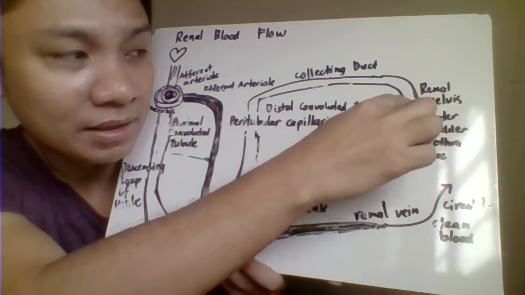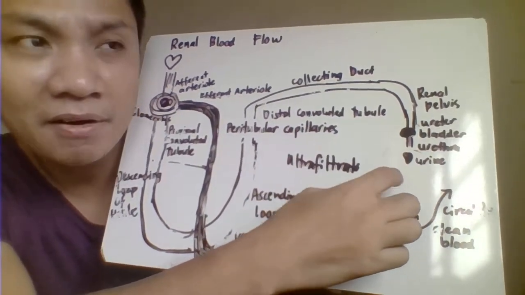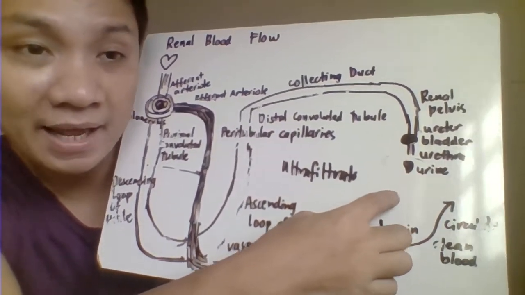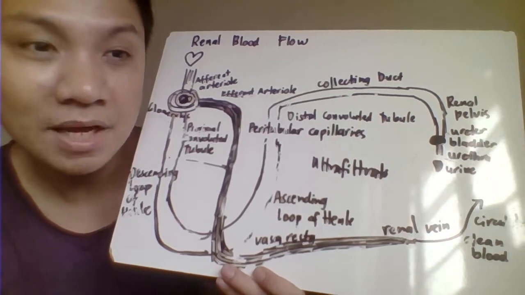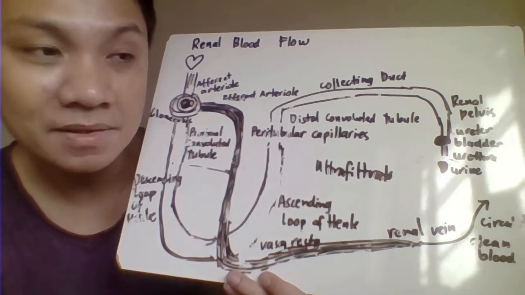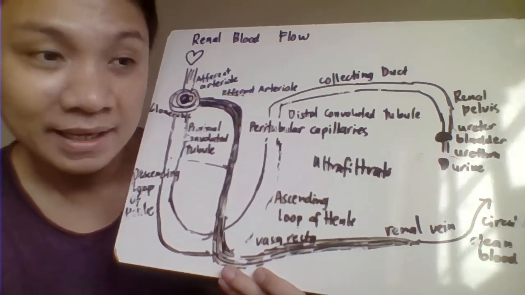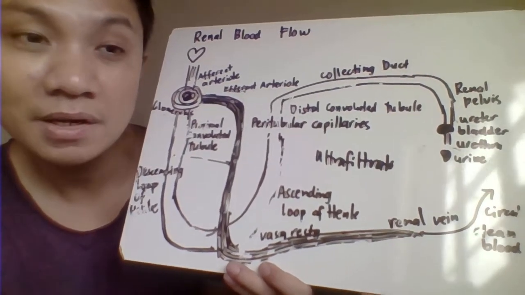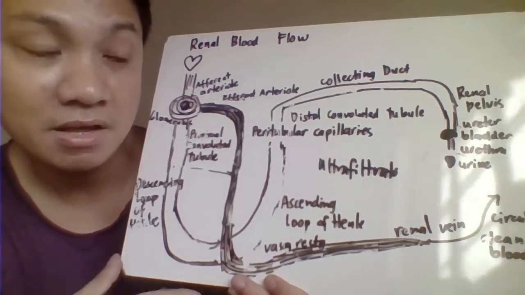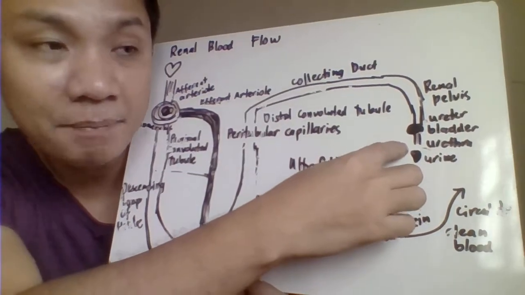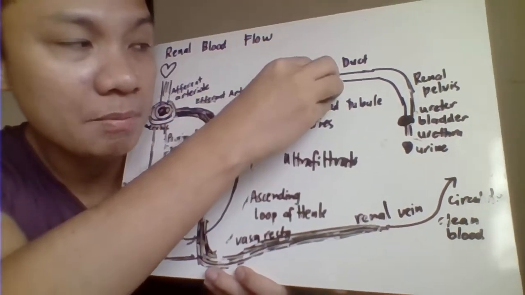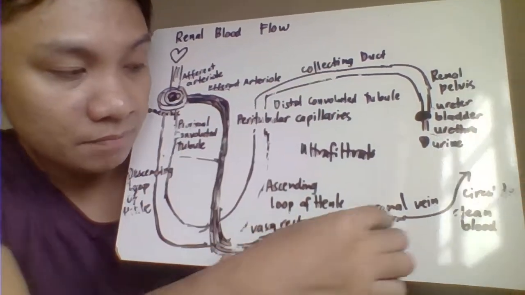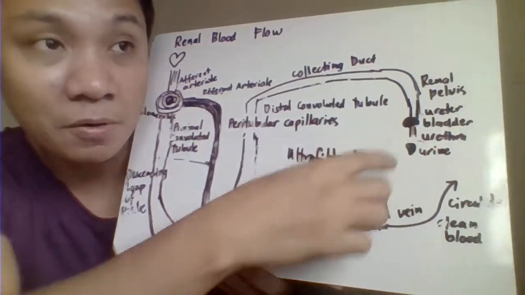Dami ba? Dami pa bang lalabas na water dito na volume or wala na? Okay, wala na masyadong water na nalalabas because much of the water has been reabsorbed by your antidiuretic hormone. And therefore, pag madami antidiuretic hormone, more water will be absorbed, less water lalabas dito.